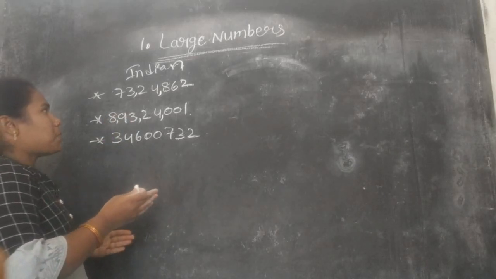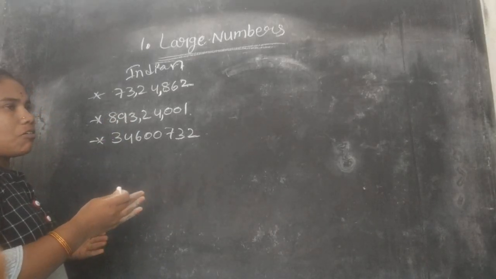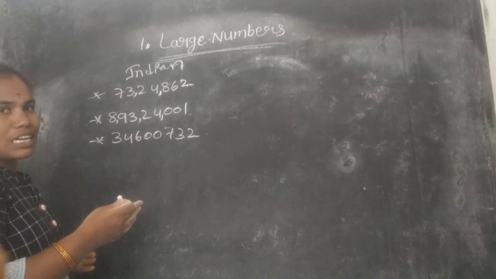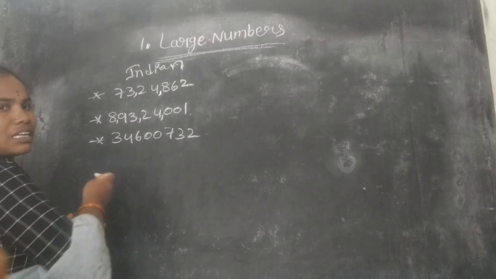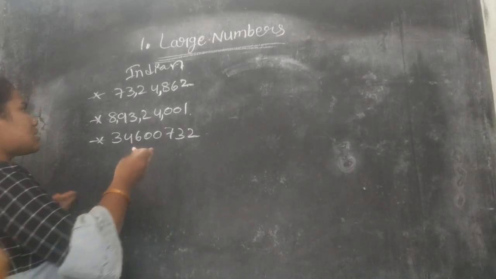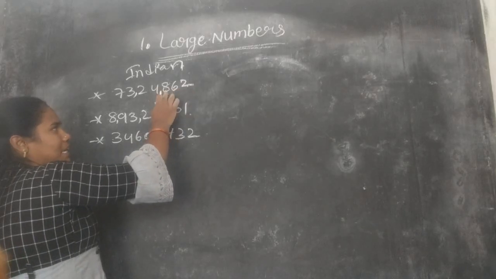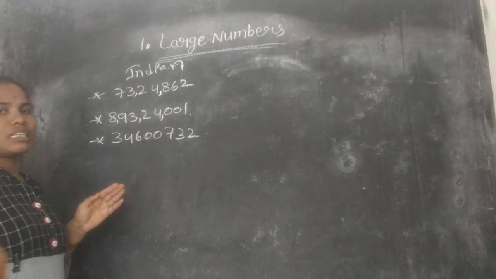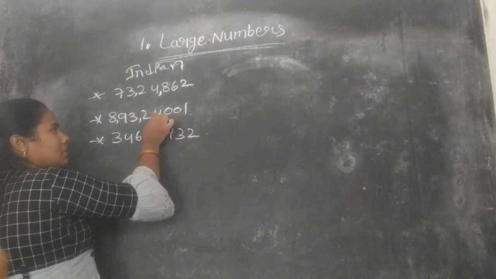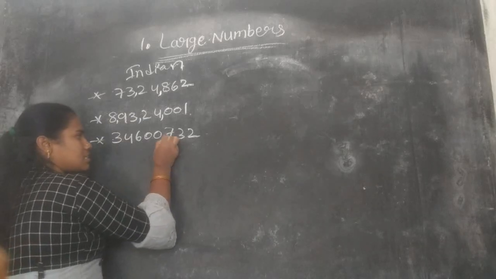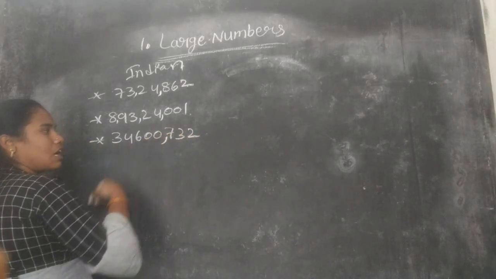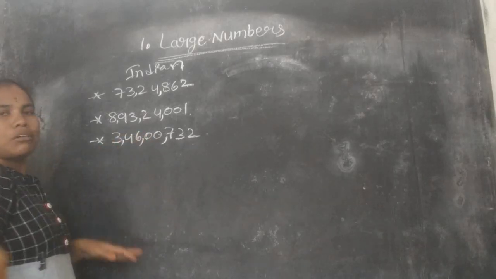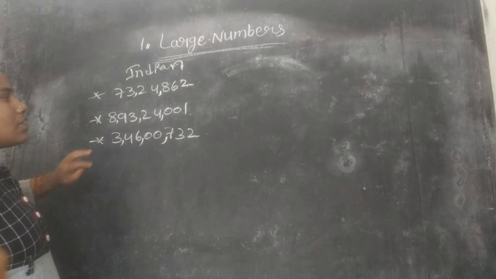Why? Because in the Indian place value chart, the first period has 3 place values and the remaining periods have 2 place values. Same like that, 3 digits, then comma, and then 2 digits, comma. So 3, 2, 2. Next, 1, 2, 3 comma, 1, 2 comma, 1, 2. Okay, clear?